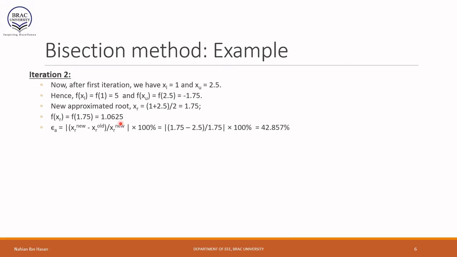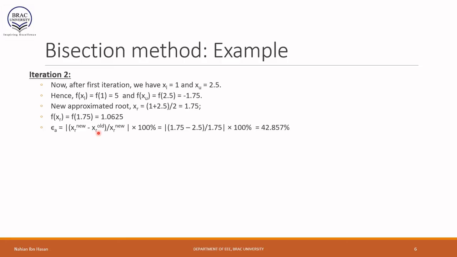Before turning to the third step, we need to calculate the approximate error, which is epsilon a. In the first iteration we did not calculate epsilon a, because at that iteration we did not have xr old. There was only an xr, the first approximate value. But in the second iteration, we have the approximate root of the second iteration, which is xr new, and the approximate root of the first iteration, which is xr old.